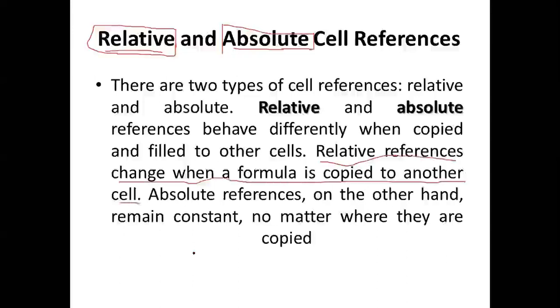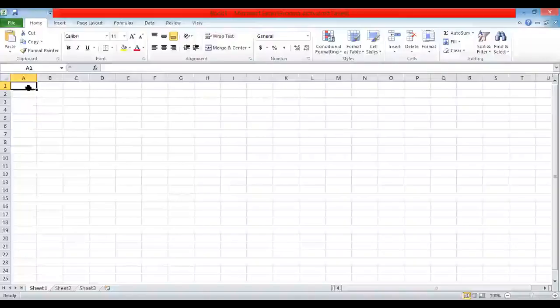I'll take you back to another slide, which I'm going to share. So for instance, maybe this is the cell A2. Maybe we have 23 altogether. Maybe this is history marks.